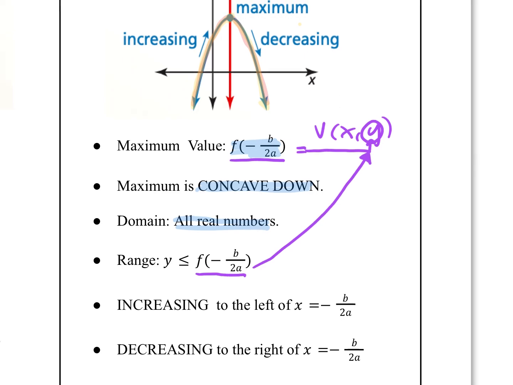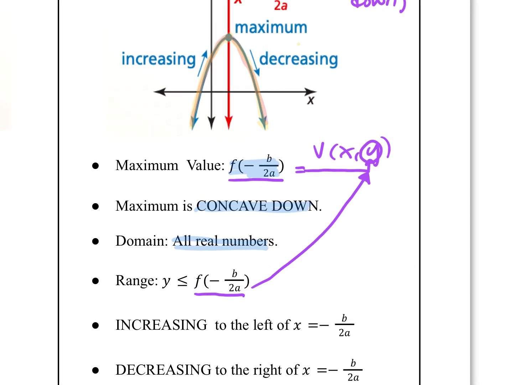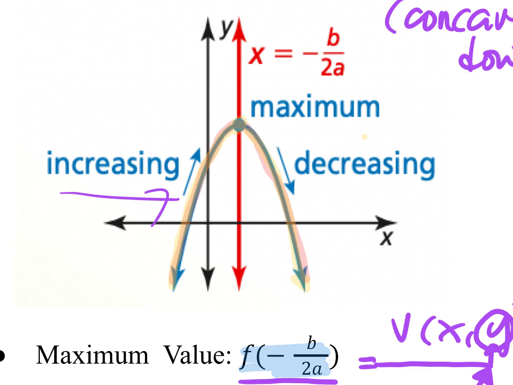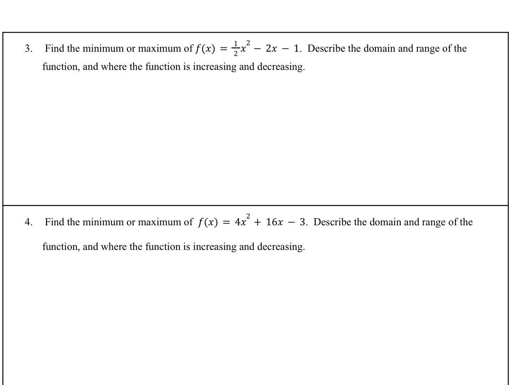So let's see the increasing part. It's going to be increasing on the left side, here's your left side. It's going to be increasing, then it's going to reach its vertex, and then it's going to be decreasing on the other side. Find the minimum or maximum of f of x equals 1/2 x squared minus 2x minus 1.